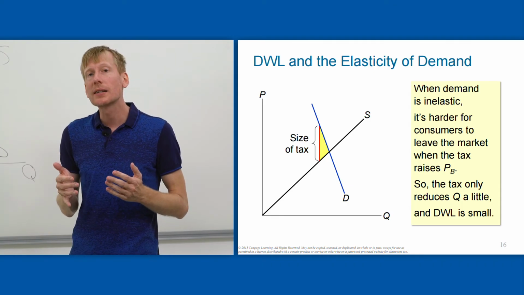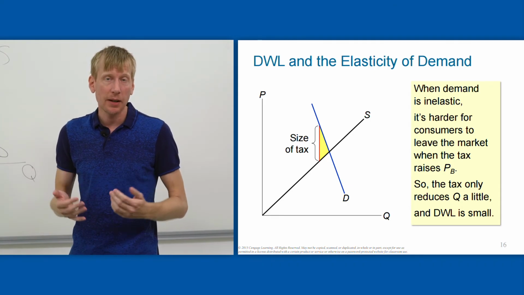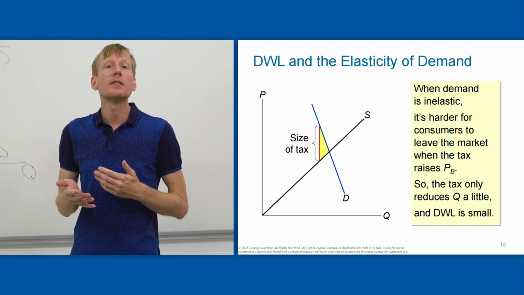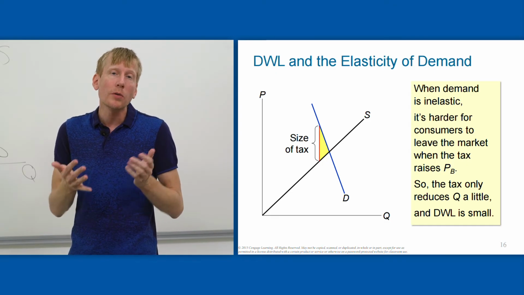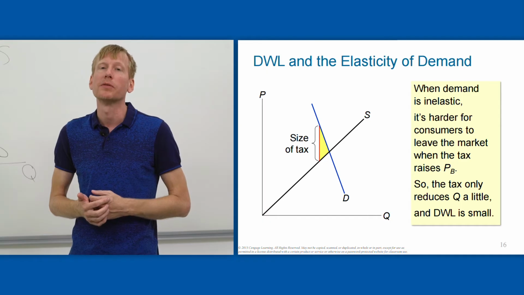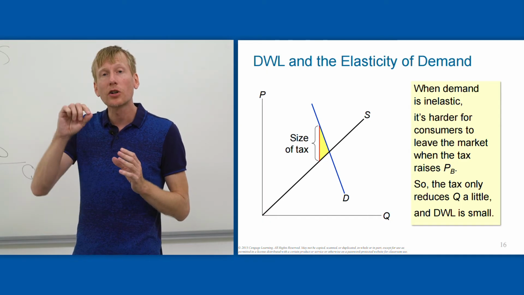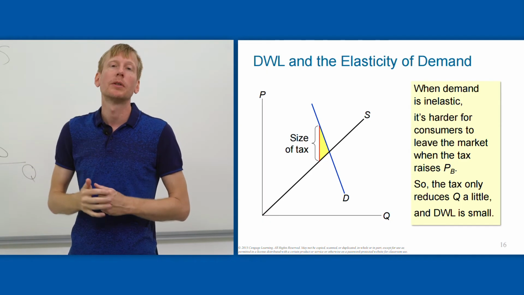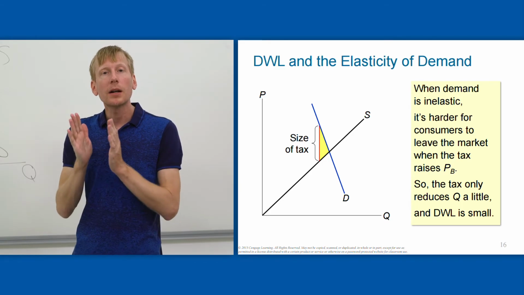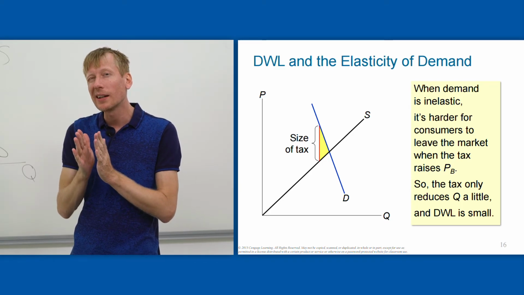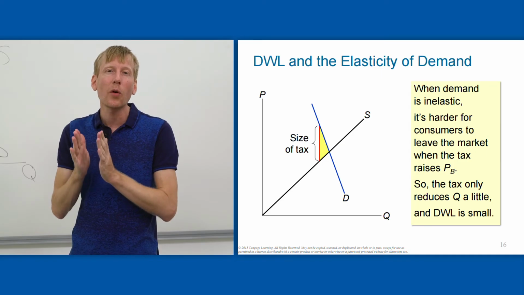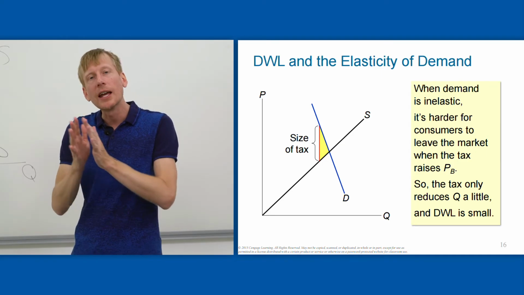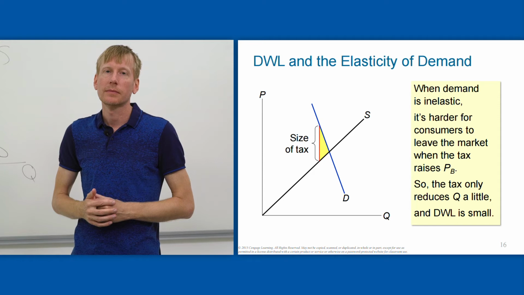And when the price rises as a result of a tax being imposed on this good, consumers still are willing to buy almost the same amount that they were willing to buy before. So now we create a large wedge, a large gap between supply and demand, but it causes a small drop in quantity, and therefore it causes a small deadweight loss triangle at the edge of that wedge.